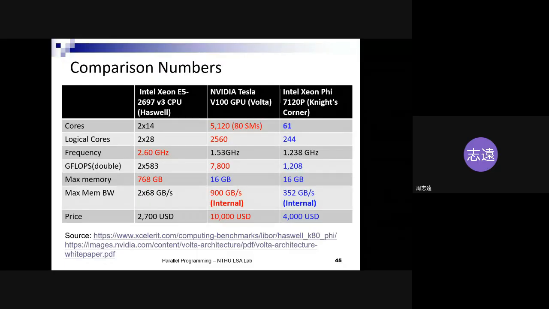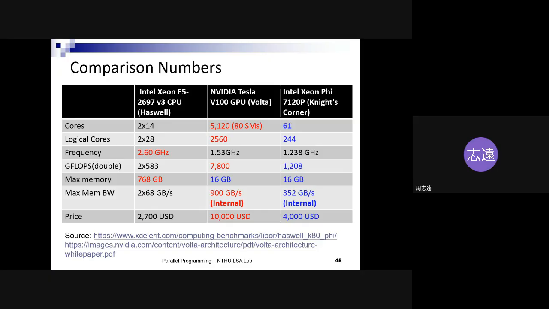Another important thing is the memory bandwidth. Specifically, we're referring to the internal memory bandwidth, because the GPU has its own GPU memory inside. Within a card or even within a chip, you can have much more memory bandwidth, so you can feed much more data to your computing cores to utilize that computing power.